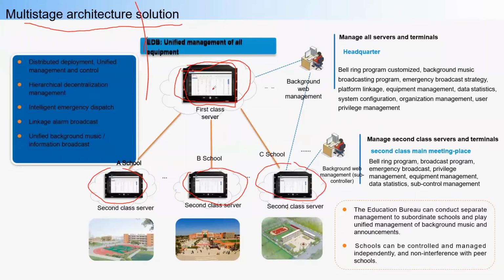So in the primary server, you can just create a task, like music play, and the primary server will send the task to the secondary servers. It's very easy to build up this kind of structure. And then all these servers will receive the signal, and then they will play the required music or audio file.